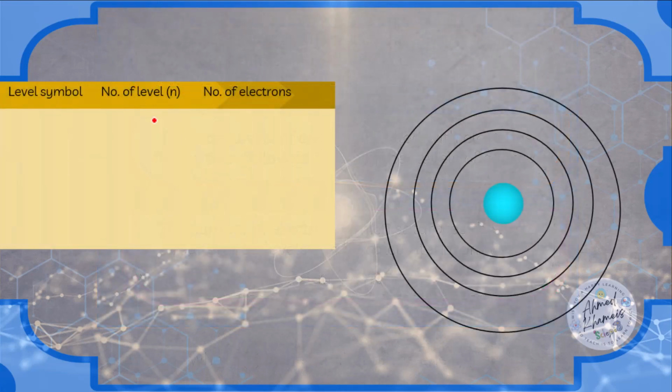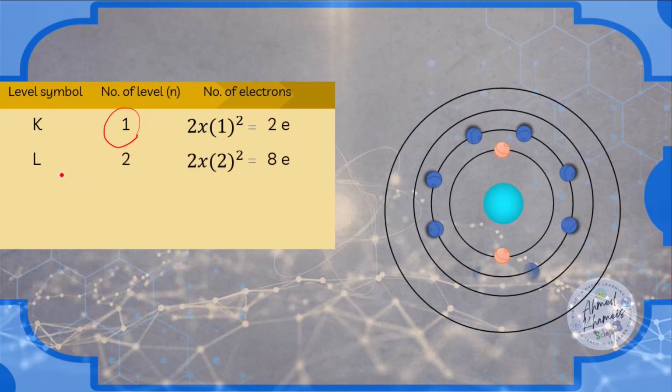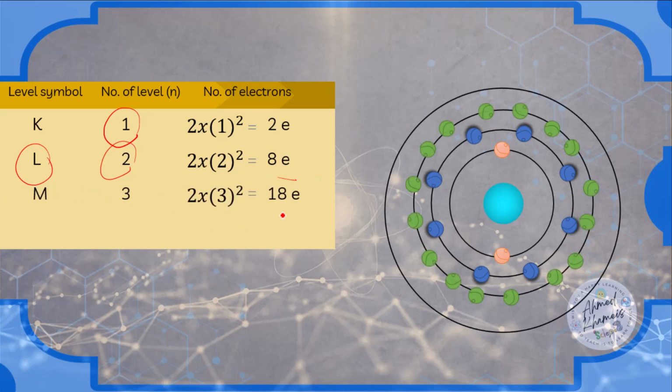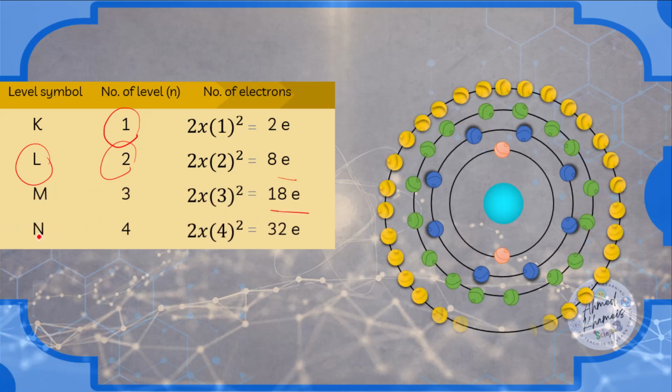So for the first level, K, number 1, 2 times 1 squared equals 2 electrons. The second energy level, L, number 2, so 2 times 2 squared, 8 electrons. M will be 18 electrons, N will be 32 electrons.